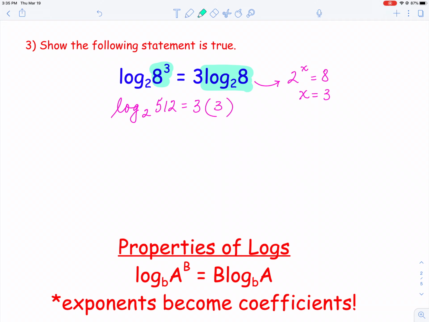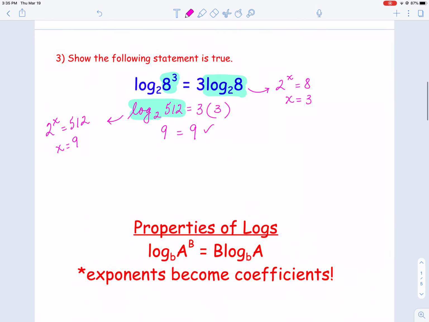And I could also take this side now that I simplified it, and if I turn that back to exponential, that means 2 to what power gives us 512. And it's actually 9. So if this side is 9, this side is 9. And again, that's your proof that one side equals the other side. Again, you could put them both in the calculator and you would see they would both equal 9.